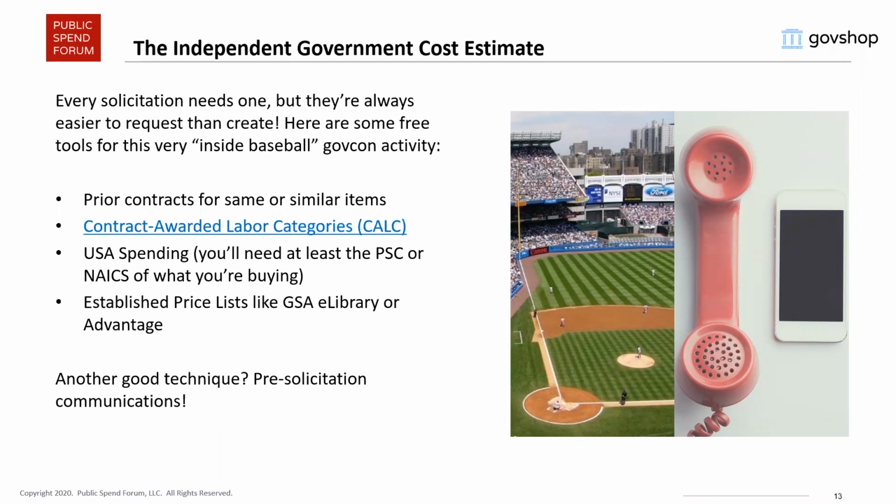The other piece that I recommend for folks is, at the end of the day, it's an estimate. It is a cost estimate. If you're trying to price it like it's some kind of firm fixed price negotiation, you're probably making too much work for everybody.